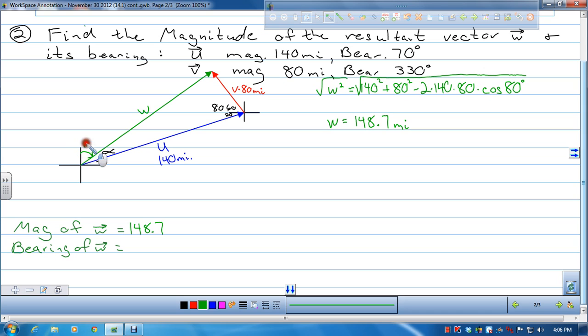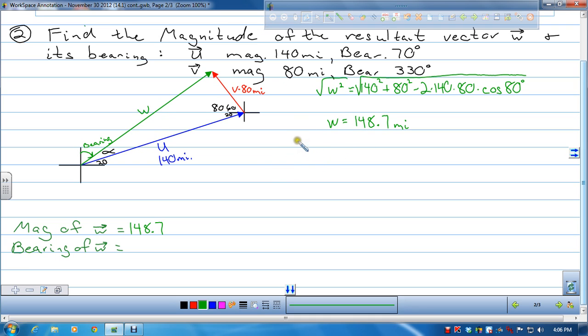That's my bearing. It's going to go in there. But before I can find that, I'm going to need to find this alpha in here. That's my unknown. Well, remember, if I have a couple pair of things, I can find that. So now that I have this angle and this side, I can use the law of sines.